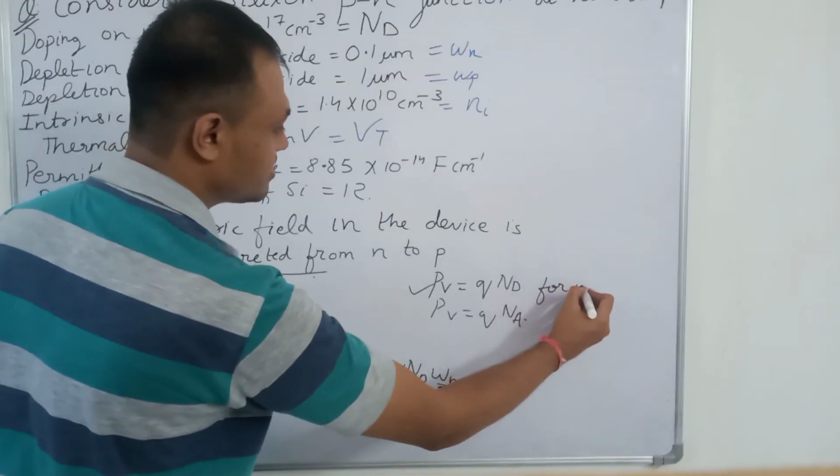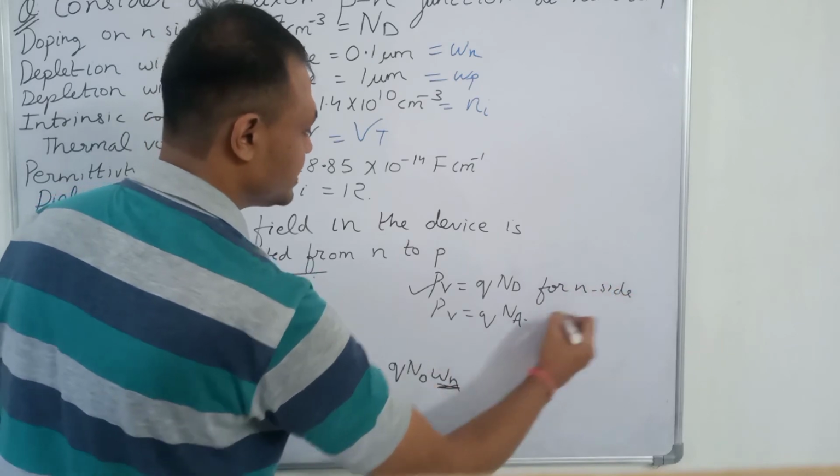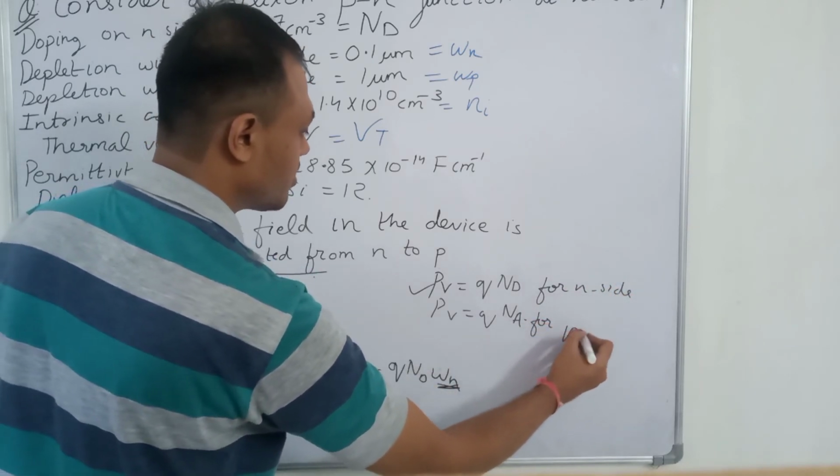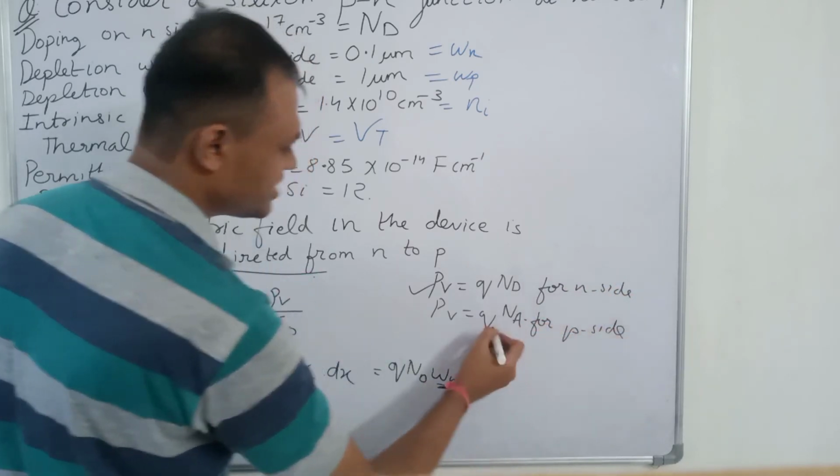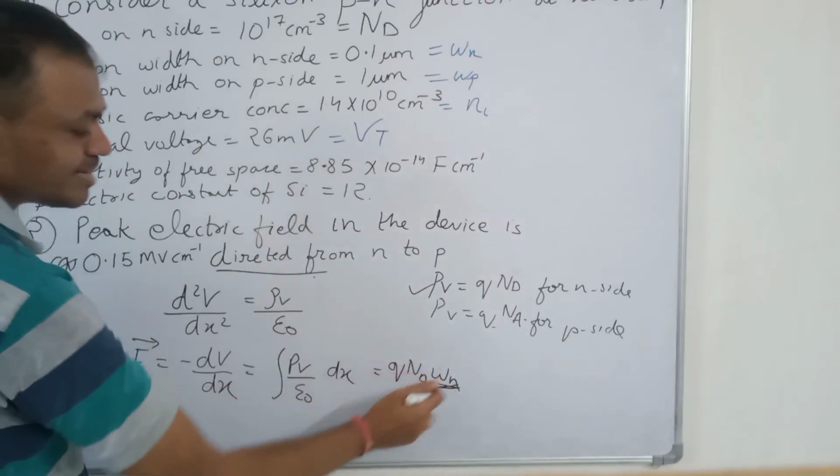This is for the N side. This is for the P side. If we use this formula, then we have to replace Wn by Wp.